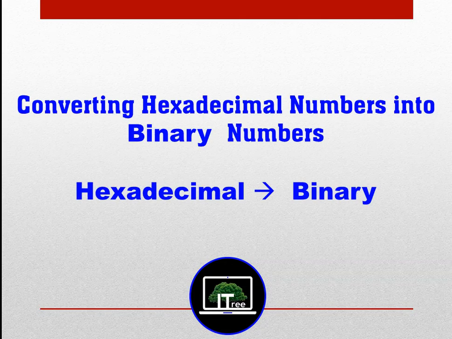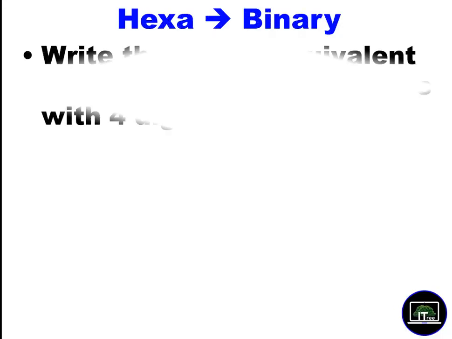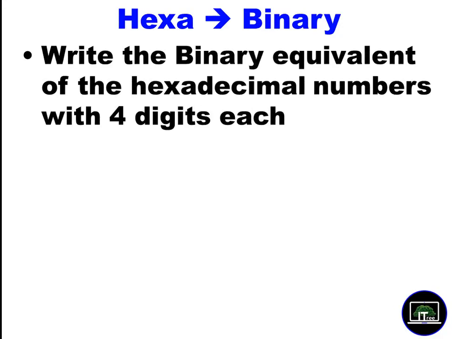Okay, now we are going to convert from hexadecimal to binary. You know the technique now. You always make 4-digit groups, because 16 to the power 1 equals 2 to the power 4. So now we are converting 9E from hexadecimal to binary. You write 9.